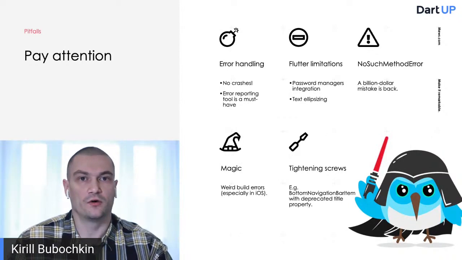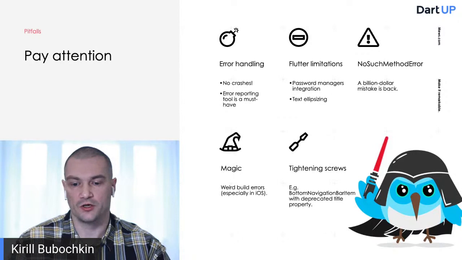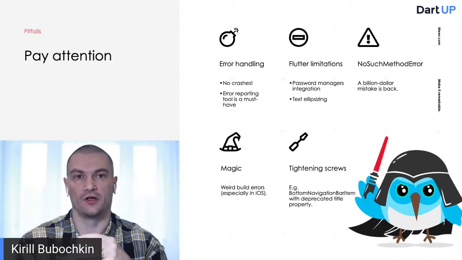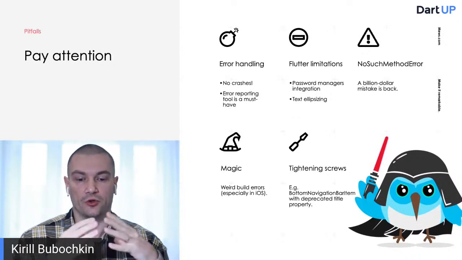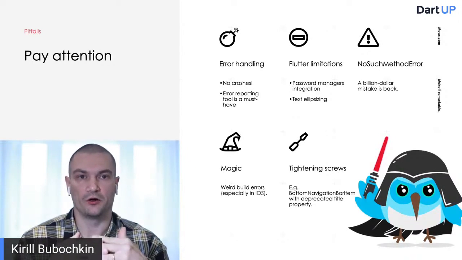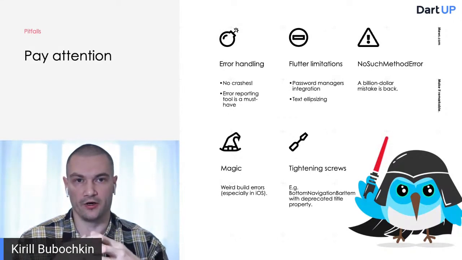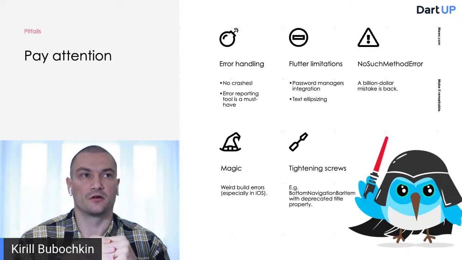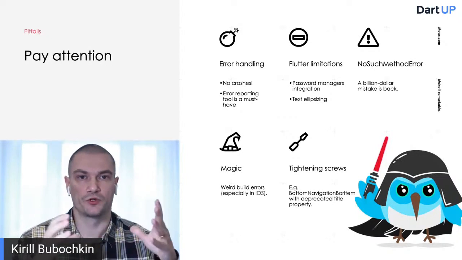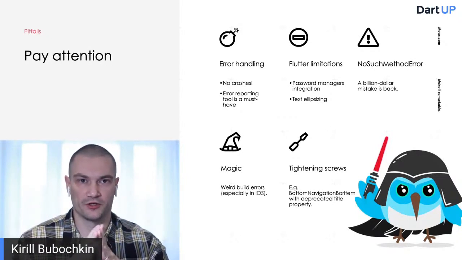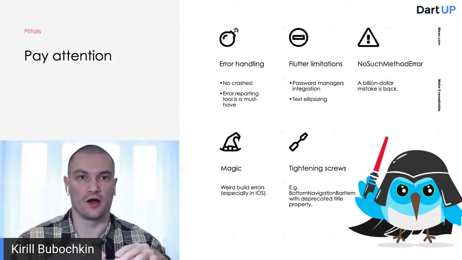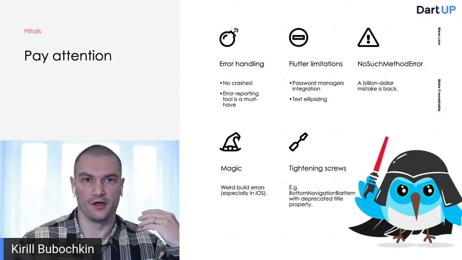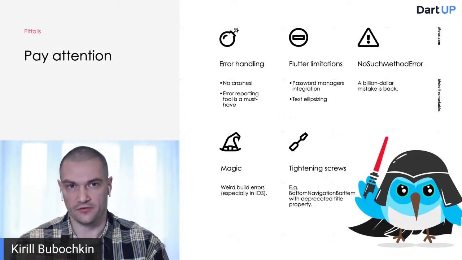Another point here, which I call magic, and unfortunately, it's not some kind of good magic. From time to time, you will receive some weird build errors, especially in iOS builds. And so you will just have to do some voodoo steps to resolve this, like rebooting your machine, restarting your IDE, or doing Flutter clean, or repeating these steps in some different order.